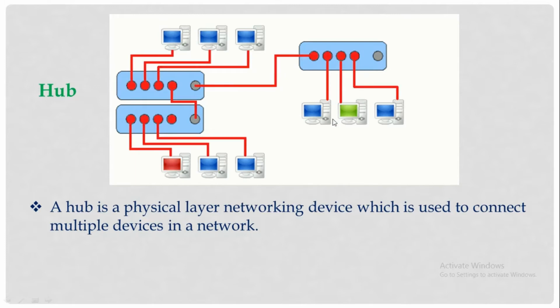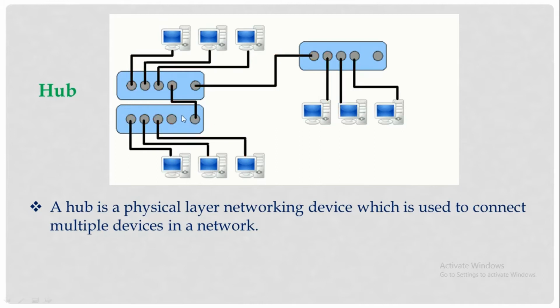So the information from this system is also transmitted to this hub. What does this hub do? It receives the information from this port and forwards it to all the other ports, so that all the systems connected to the hub receive the information, and all the hubs connected with the hub also receive it.